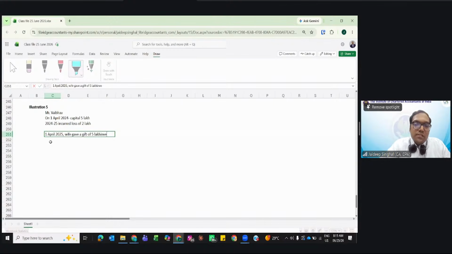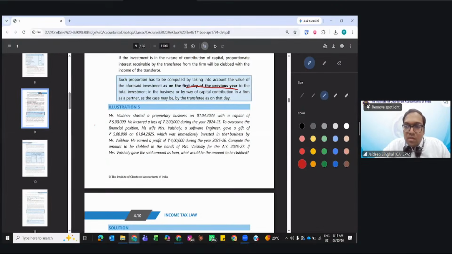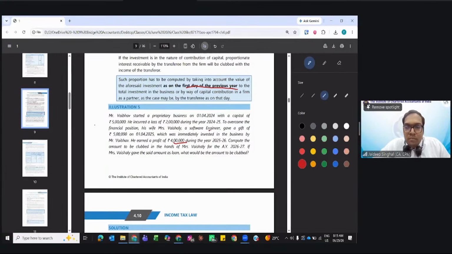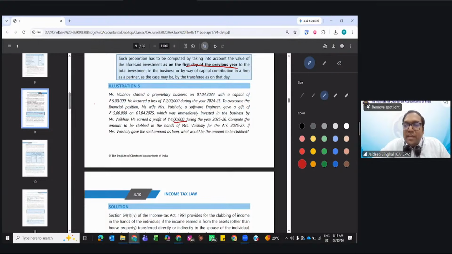This gift was immediately invested in the business. He earned profit of 4 lakhs during 2025-26. Compute the income to be clubbed in the hands of Mrs. Vaishali.